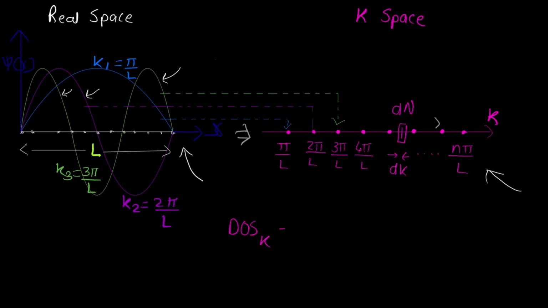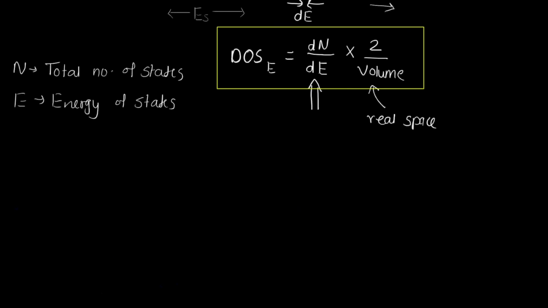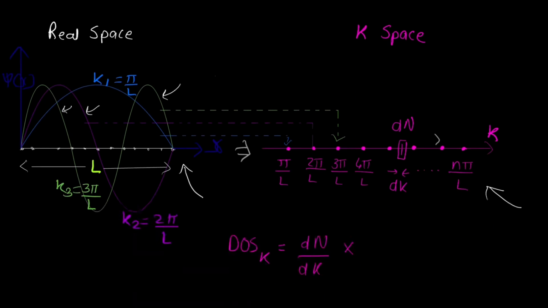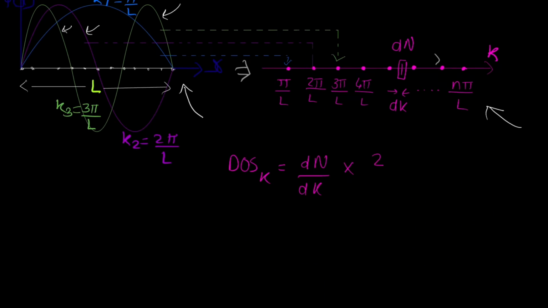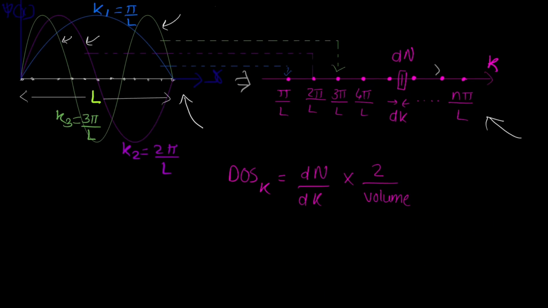So the density of states will now become dn by dk. Again, we will multiply it by the same constant, which is 2 by the volume of the crystal. Now that we already know how the states are distributed in the k domain, we can directly find the density of states for the k domain.